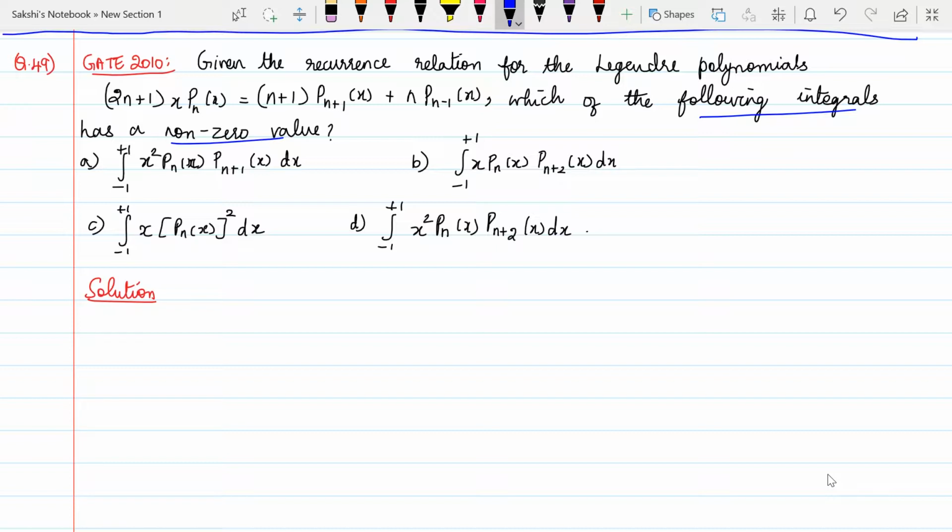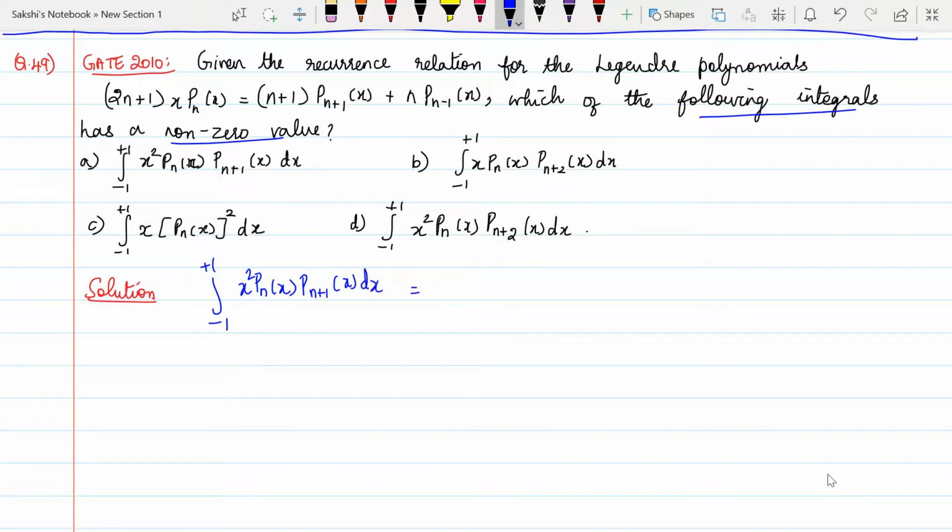So I'm going to choose one particular option, the correct option, and solve that. You're going to use the same method to solve the other options and check whether you're getting the answer as 0 or not. So let me solve this. First, I'm taking my option A as the answer. It is given as the integral from minus 1 to plus 1 of x square Pn of x Pn plus 1 of x dx.